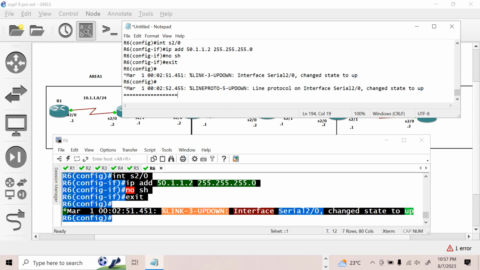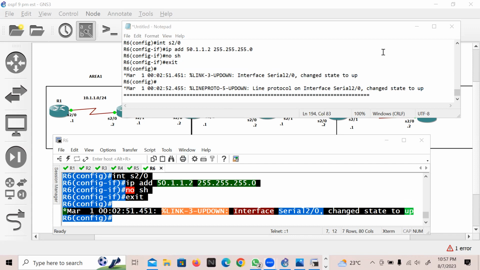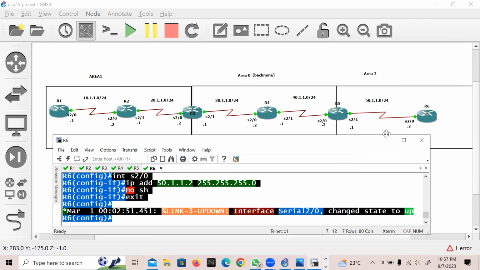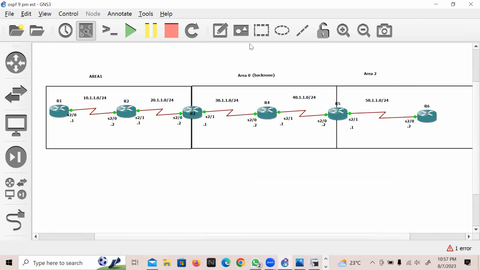Okay, all configuration is there. So what I said before, this is my ABR router. ABR means the router on the boundary, area border router. R3 is my ABR router, and R5 is my ABR router.